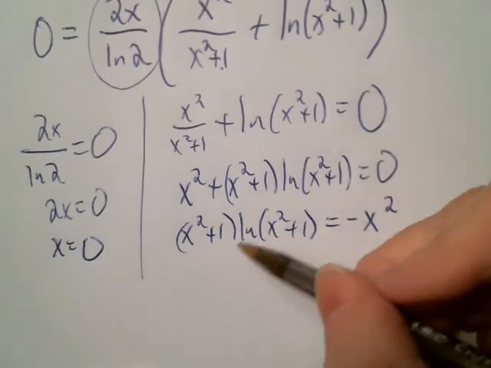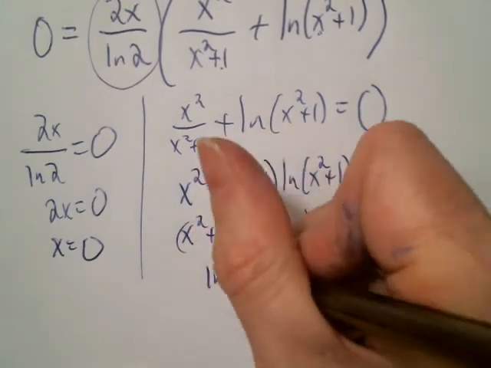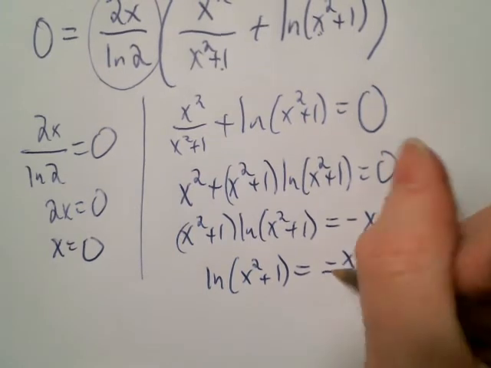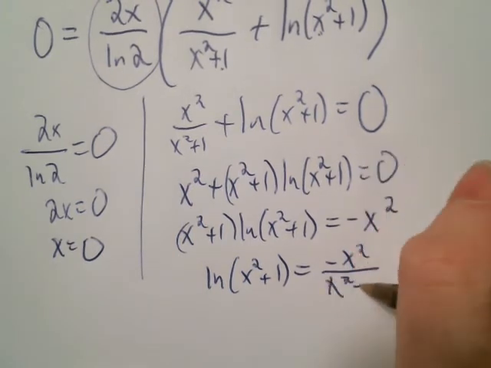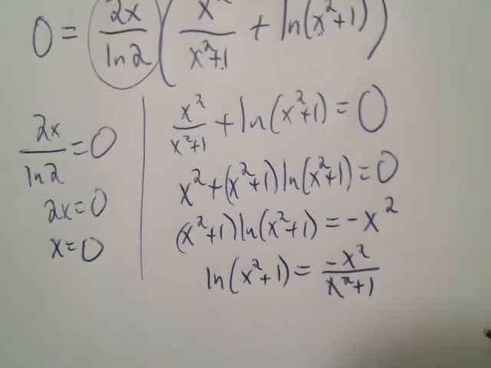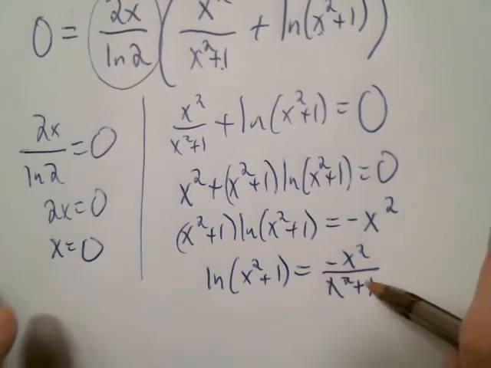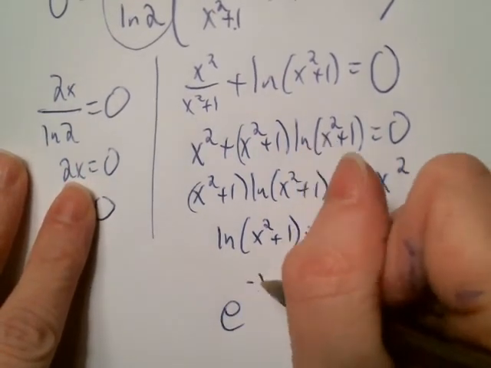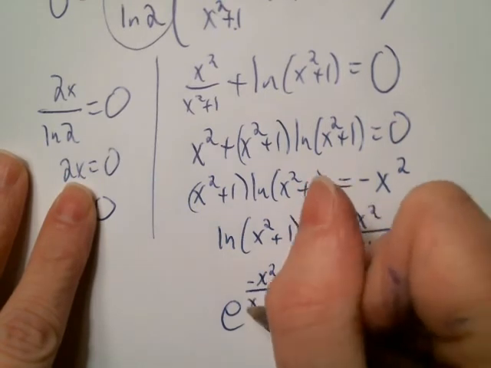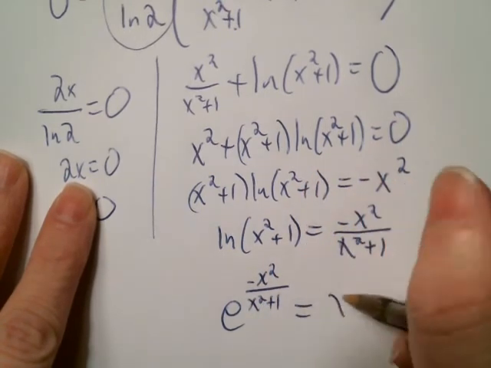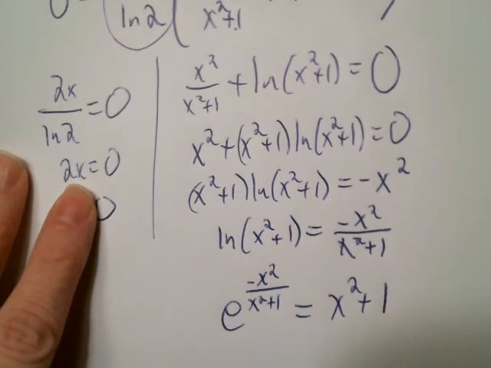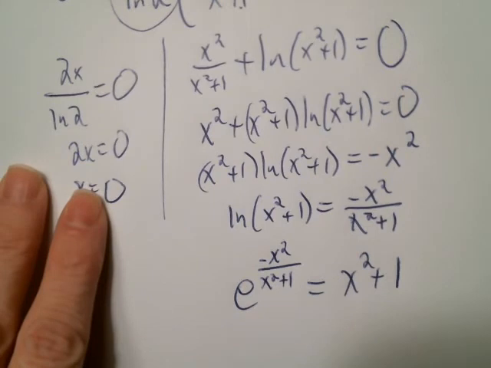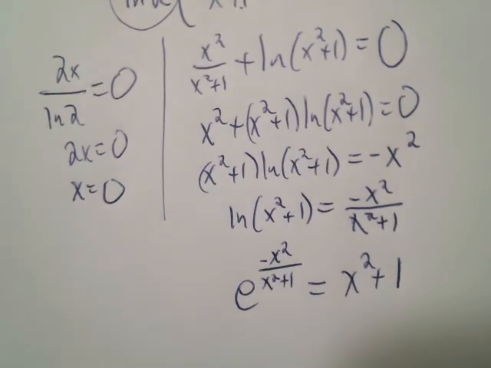You could divide both sides by this expression, and you'll get ln of x squared plus 1 equals negative x squared all over x squared plus 1. And then you could say e to this power equals this stuff. So you could say e to the negative x squared all over x squared plus 1 equals x squared plus 1. Not really sure what else to do, you know. Seems like I'm not getting any solutions.